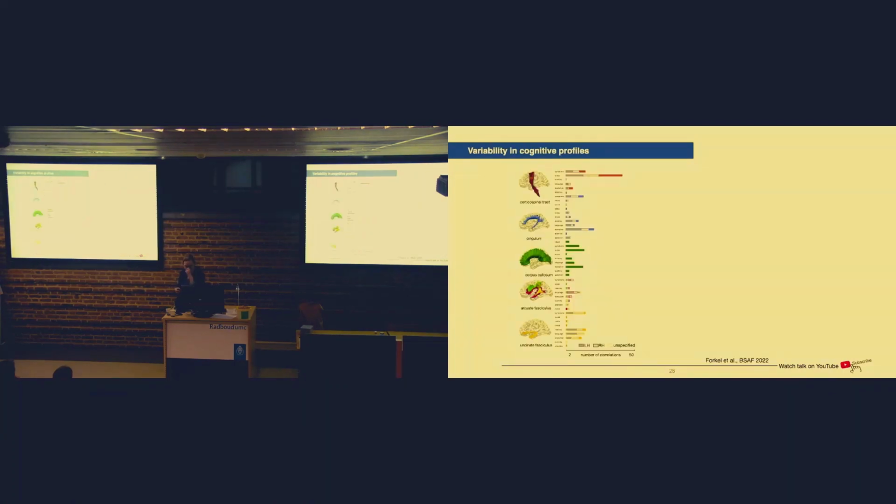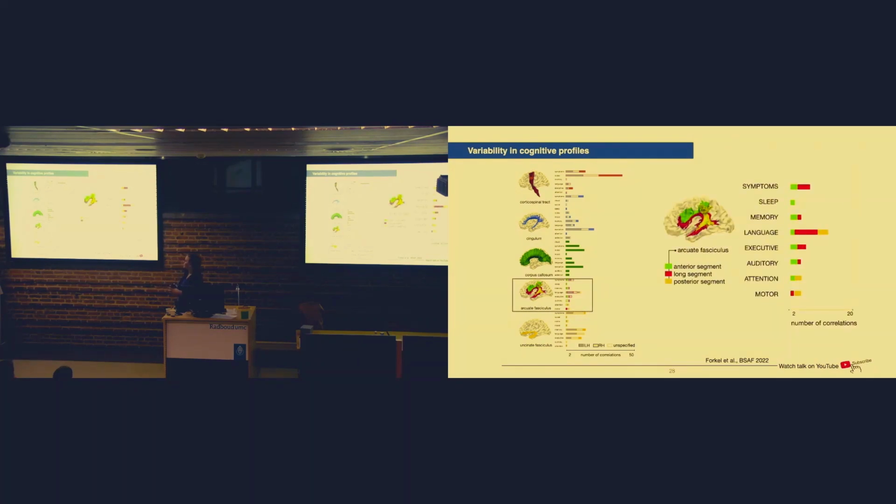The other thing that we noticed is that there is no one tract, one function association. I'm just going to zoom in for you. When we look at the arcuate fasciculus, so far I introduced the arcuate as a language connection, and yes, the majority of studies do show correlations with language measures, but it also correlates with sleep, memory, executive functions, auditory attention, and motor functions.